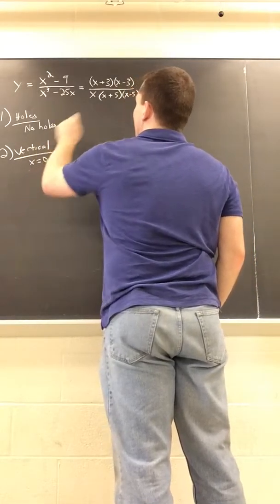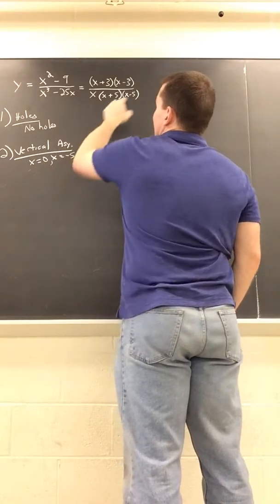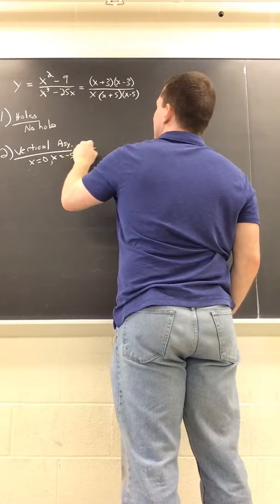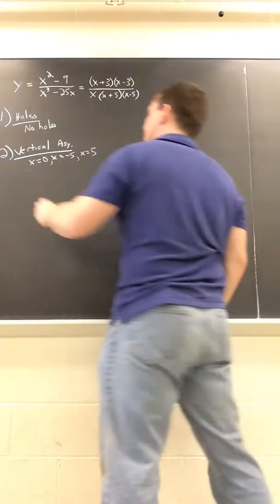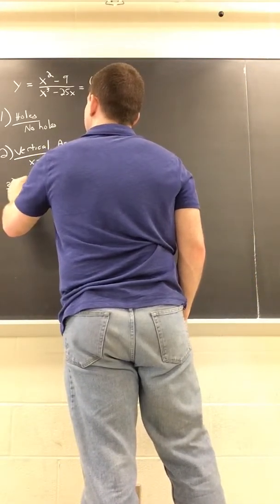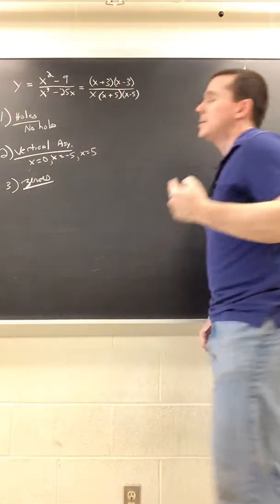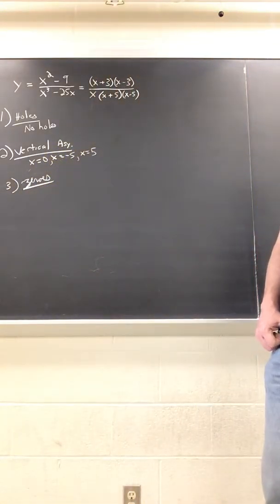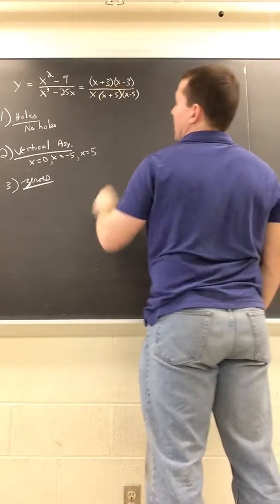When x equals 0, when x equals negative 5, and when x equals positive 5. Next, find the zeros of your graph. The zeros occur where the function is 0 in the numerator, and in this case, that's at negative 3 and positive 3.